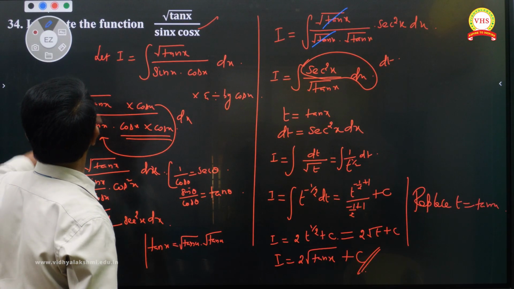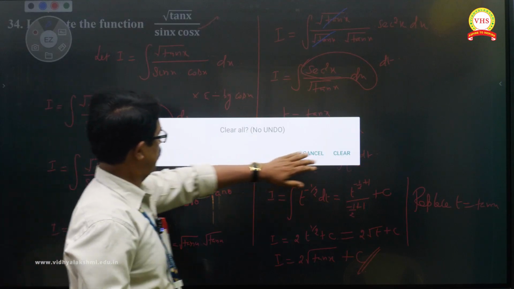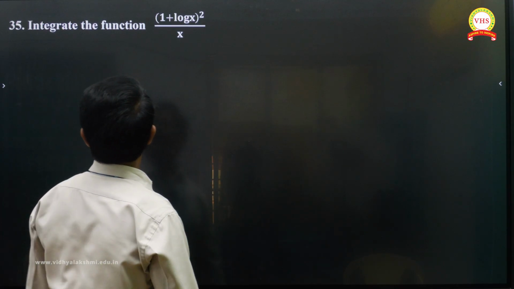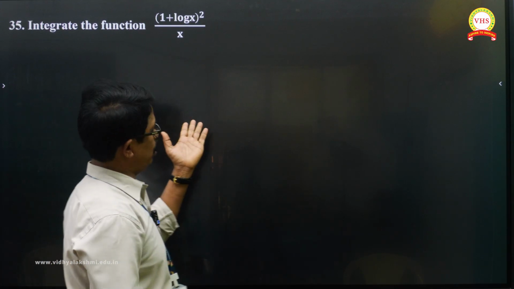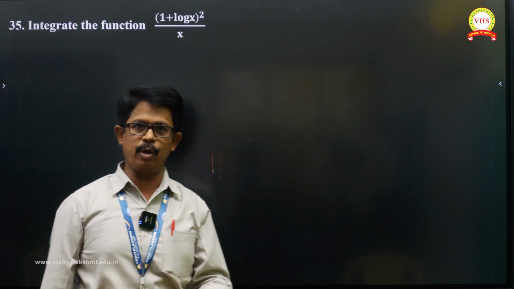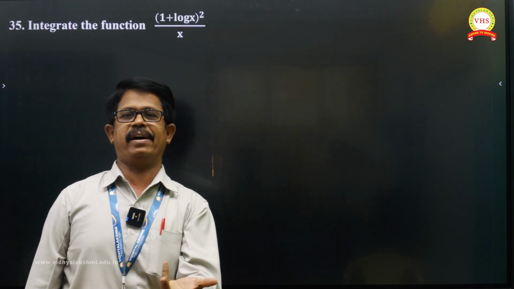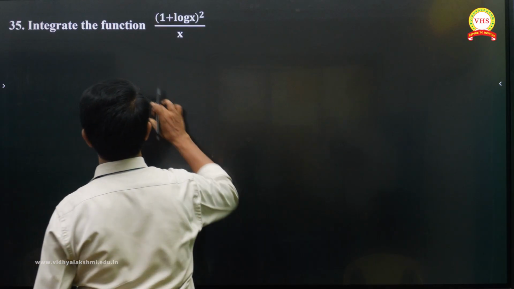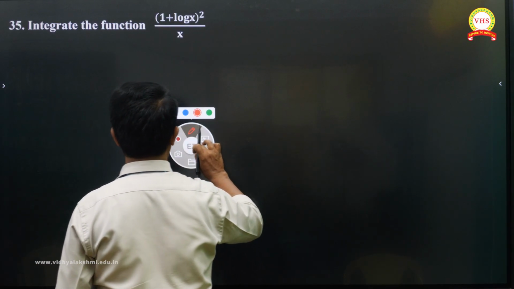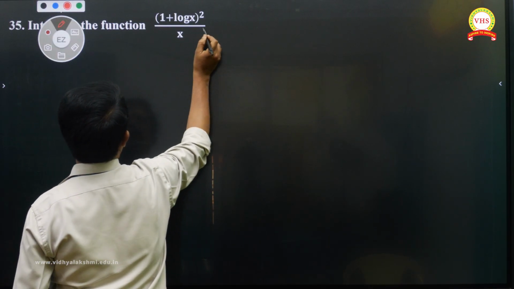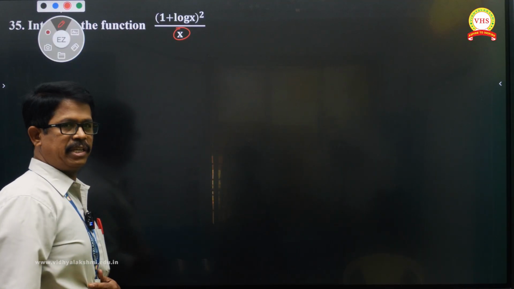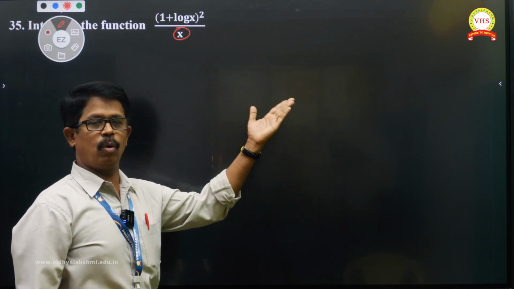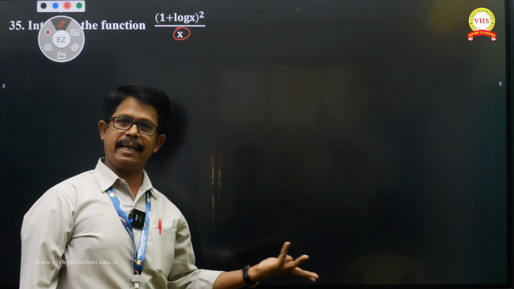Question number 35. What I told you at the beginning of the exercise, I told you people, when you get any function with log, there exists the value in the denominator, x. Likewise here, 1 plus log x whole squared, which means take it as t.